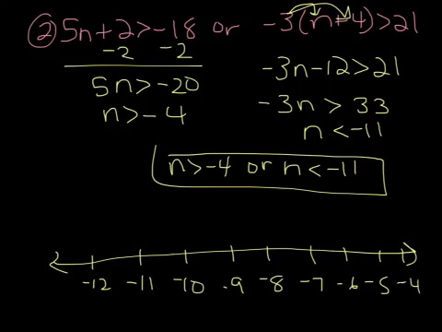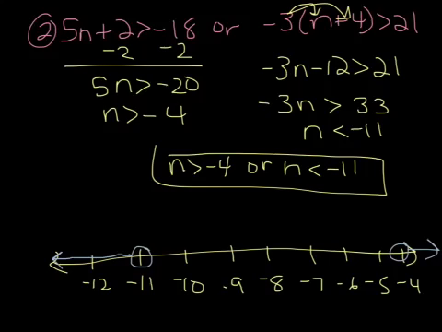You're going to show n is less than negative 11, which means you go to lower numbers than negative 11, like negative 12, negative 13. n is greater than negative 4 is going to be higher numbers than negative 4. So it's going to go in two opposite directions. And you'll find that nearly every time you have an "or" inequality, you have two arrows going in opposite directions.